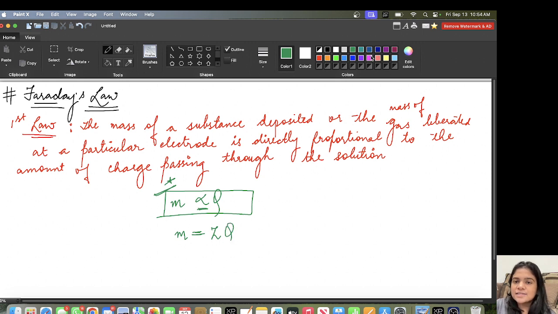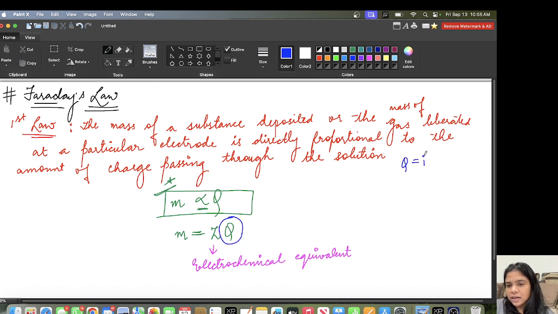So Z is your constant, which is called the electrochemical equivalent. Now for Q, the charge's formula is Q equals I into T, that is, charge equals current into time.